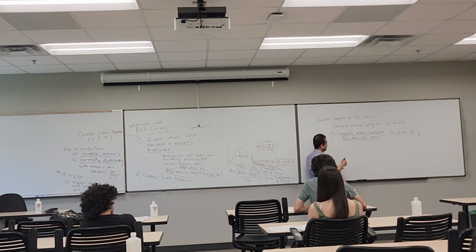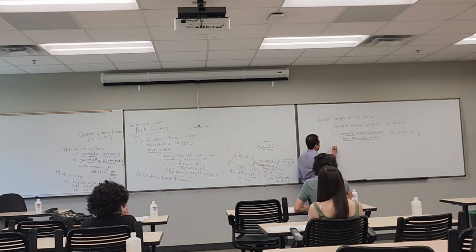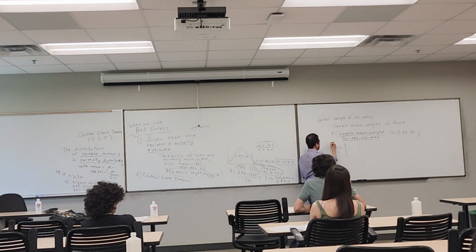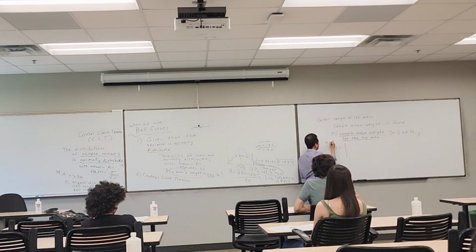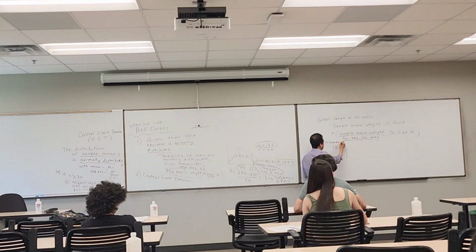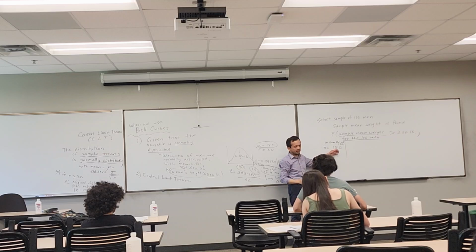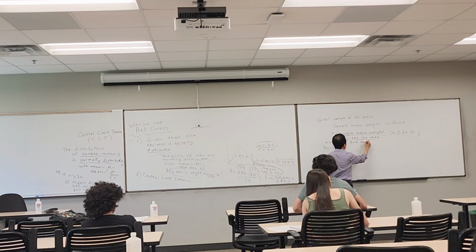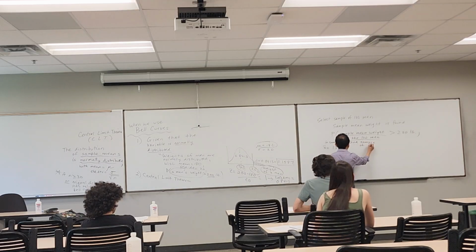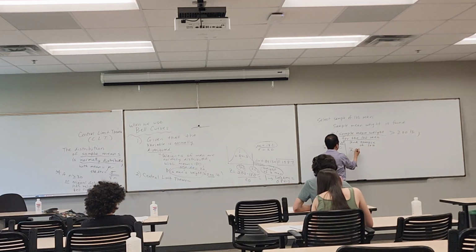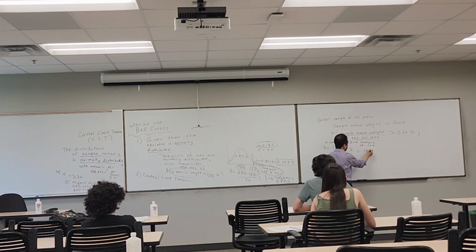So let's say that one time you gather a sample of 100 people, and the sample mean turns out to be 180. In another sample of 100, let's say the sample mean ends up being 182.